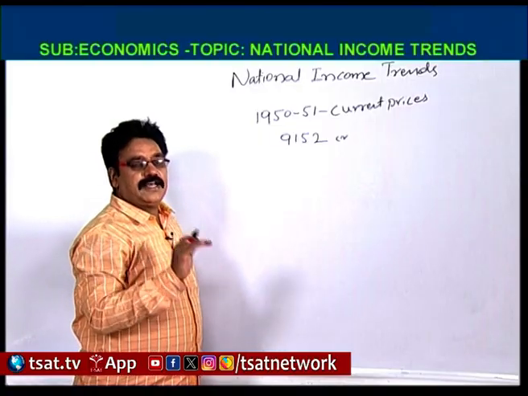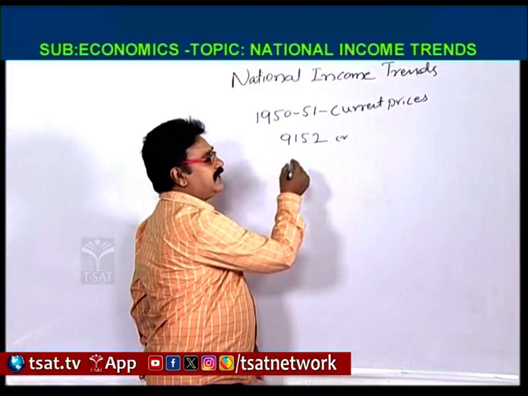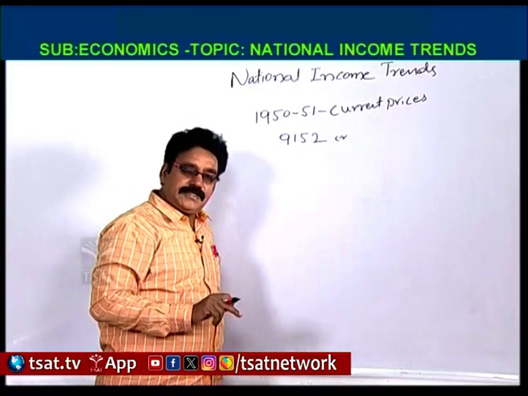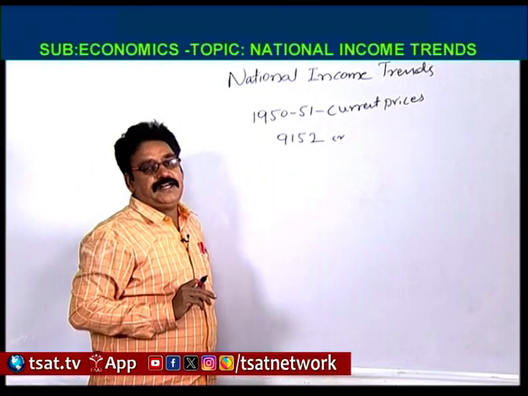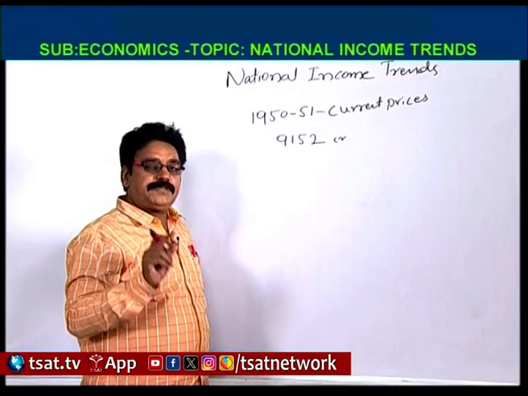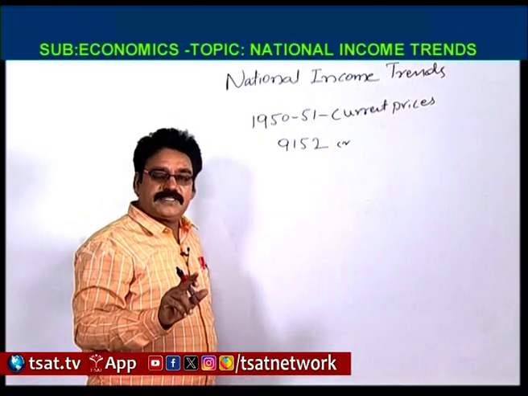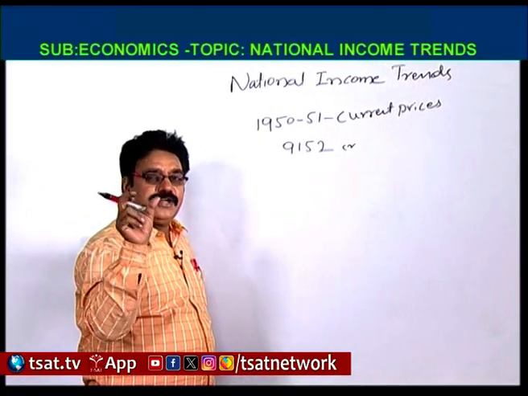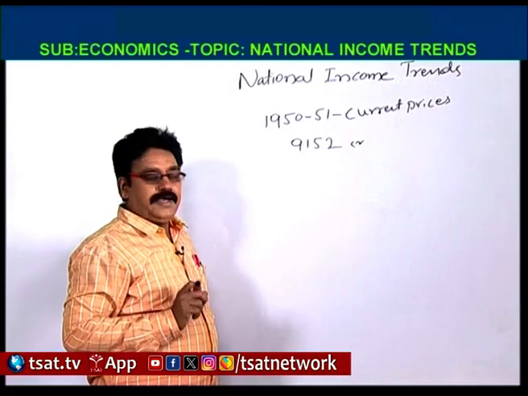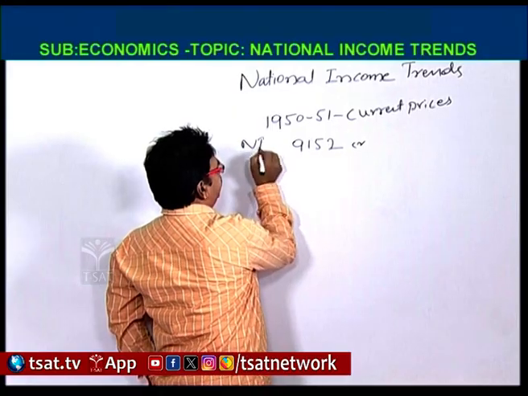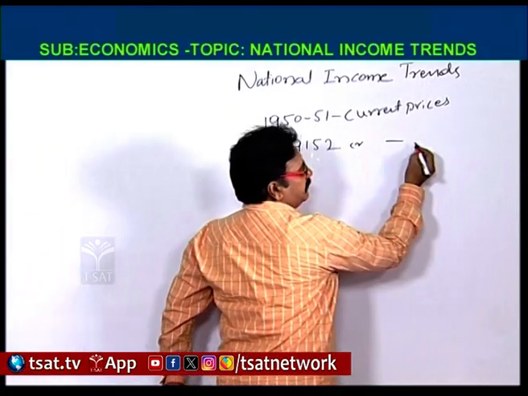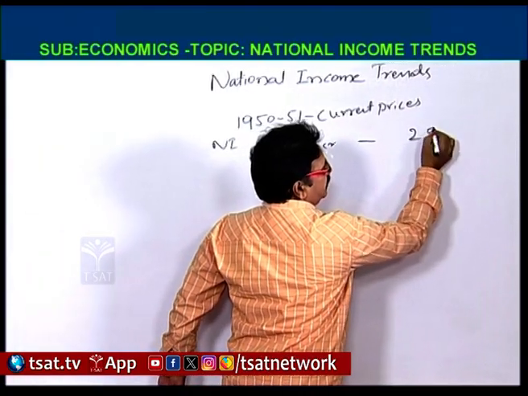Current prices means the production of 1950-51 calculated with the prices of 1950-51. The same year's price and the same year's production. That is called current prices. And per capita income, according to current prices, is 255 rupees.